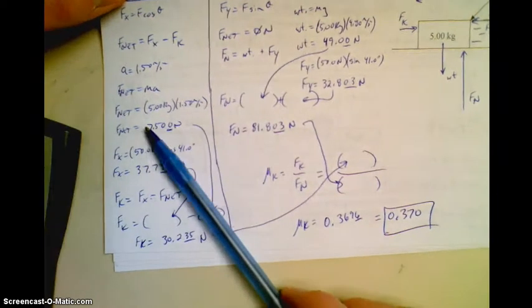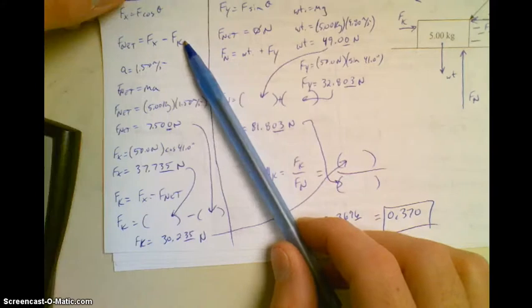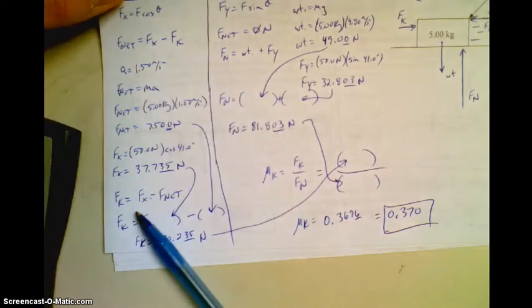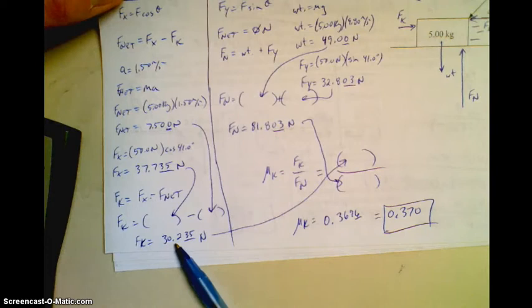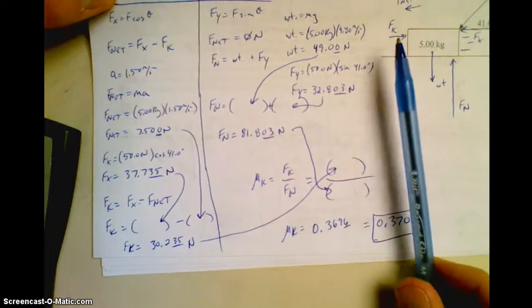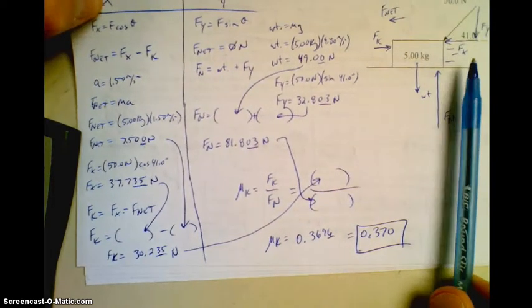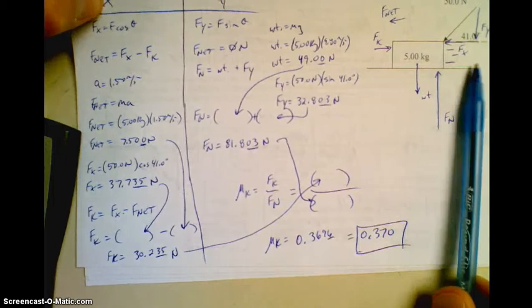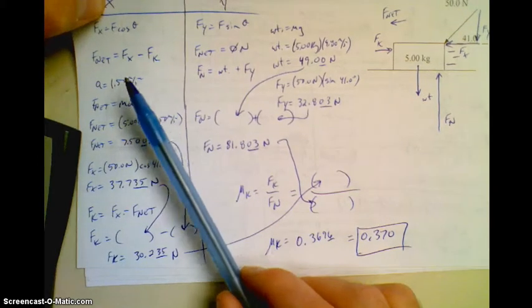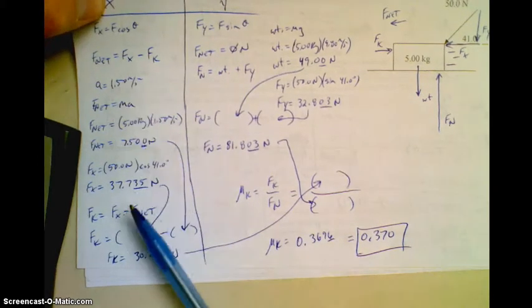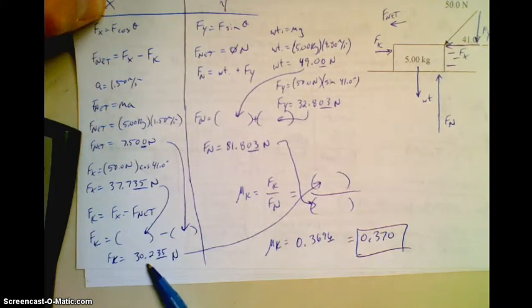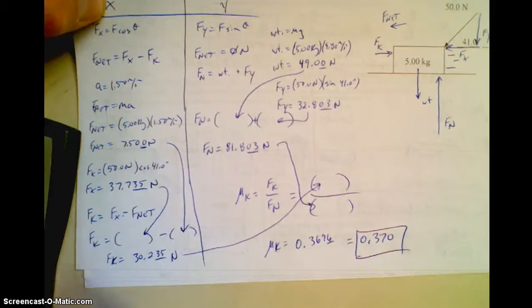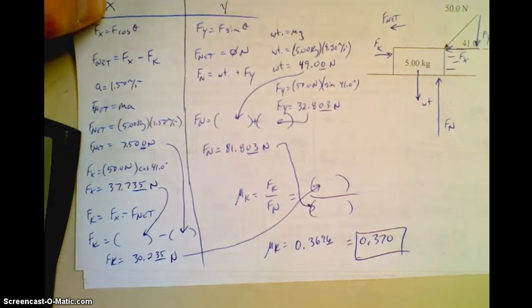And now, with the net force and Fx, I can solve for Fk. So Fk is going to be Fx minus Fnet. Plug those values in, and this is the kinetic friction that's acting on the object. And again, Fk should be less than Fx. So if Fx is 37.7, Fk is less than that, and it's less by the amount of net force that's acting on it.